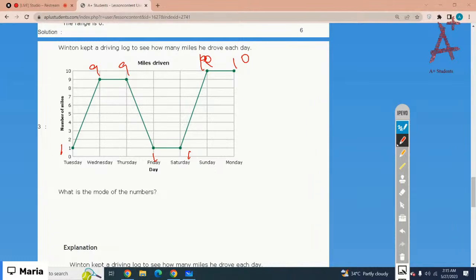So it would be 1. So that means 1 is the mode of the given data.